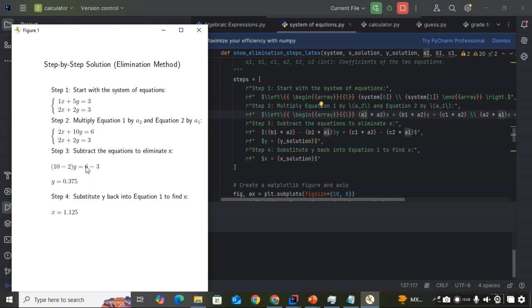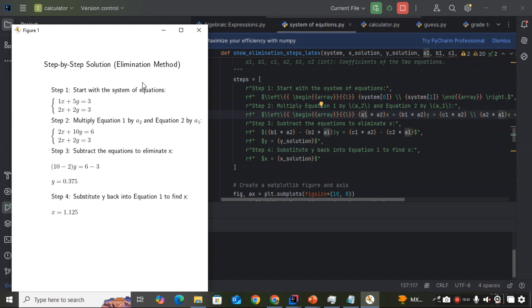We have that, and we have this value on the right side, c1 a2 minus c2 a1. So we now have the y solution. Now that we have the y solution, we substitute y back into equation 1 to find x, and then we have the x solution.